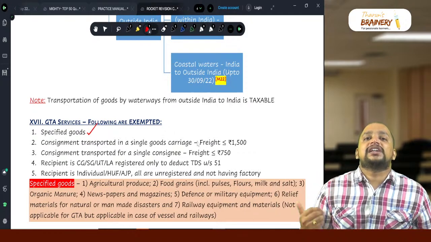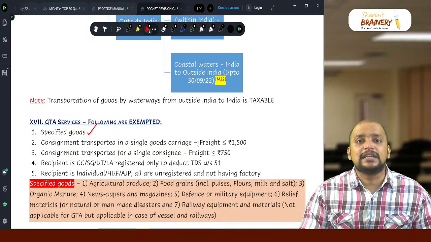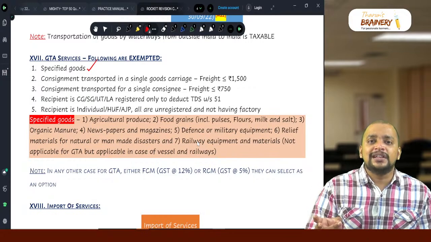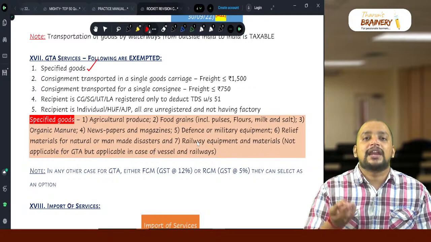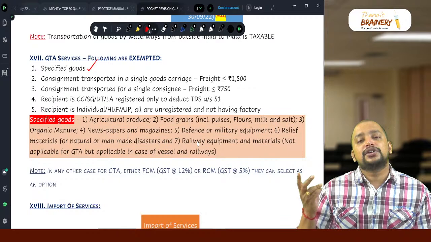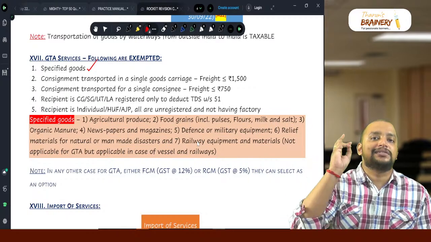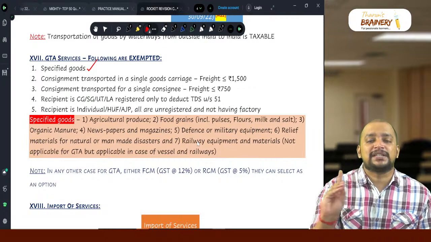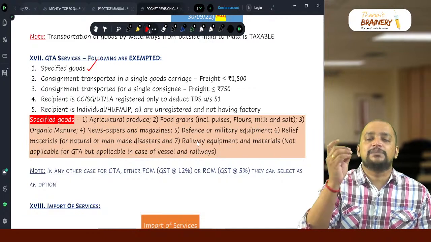So there are total 7 specified goods. First 3 related to food, that is agricultural produce, food grains including flours, gram flour, wheat flour, etc. So including flours and pulses, milk and salt. Then number 3, organic manure, not fertilizers and pesticides, organic manure, which is made up of cow dung.